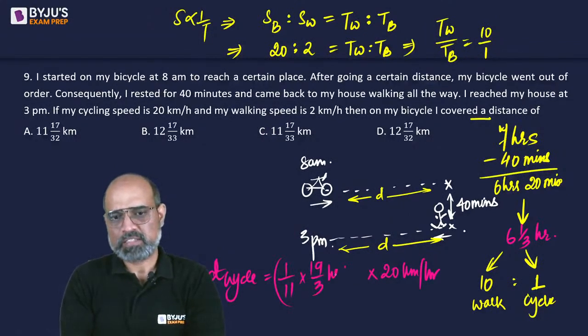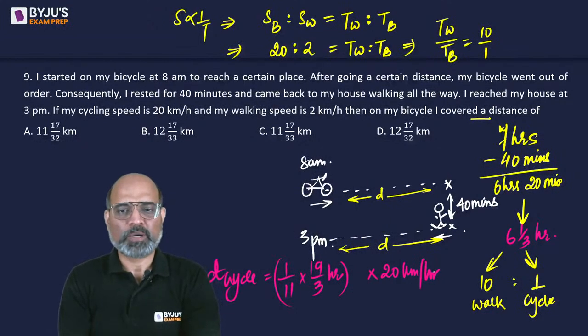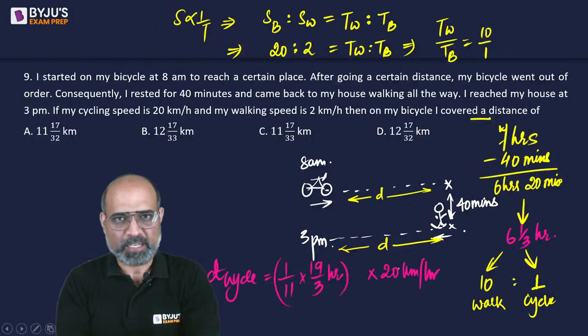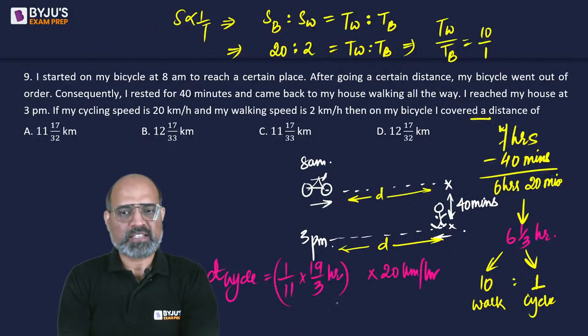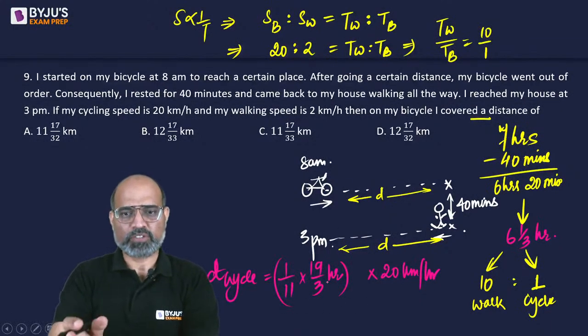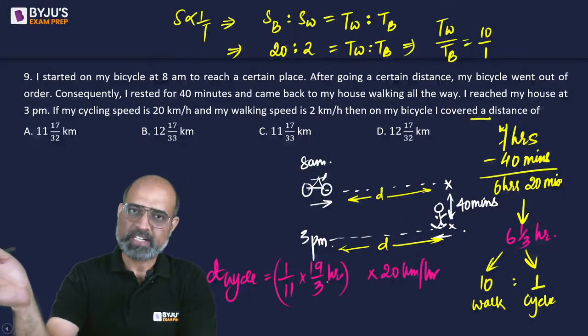So 19/3 of an hour into 20 kilometers per hour. Now there is no problem because the hour is the same unit. One thing you will realize is the denominator is going to contain 33, because neither the 11 nor the 3 is going to get cancelled out.